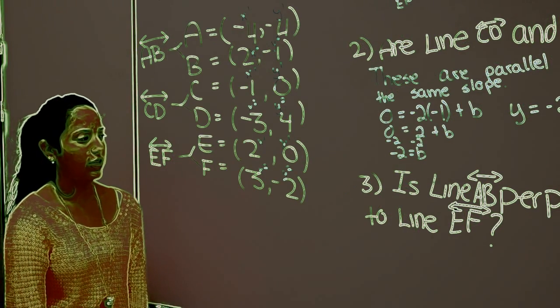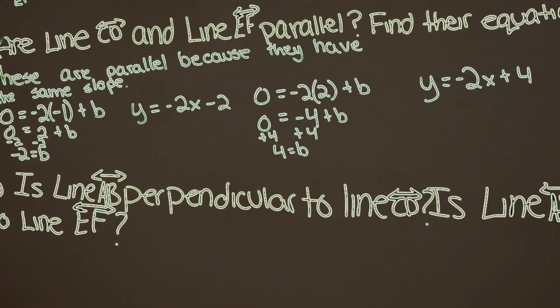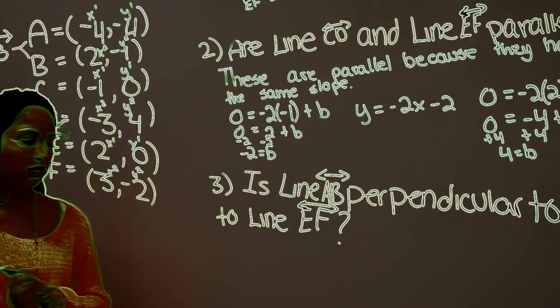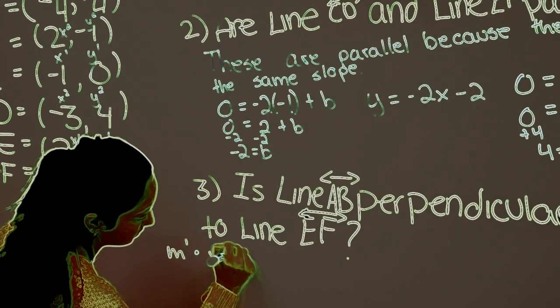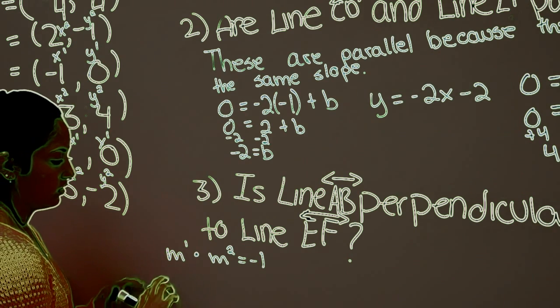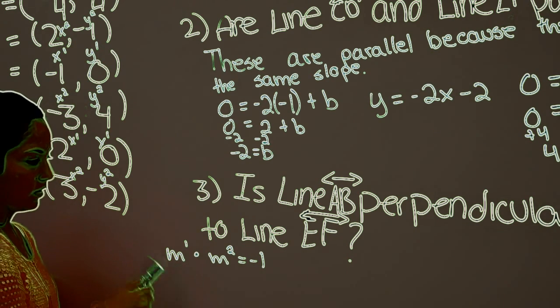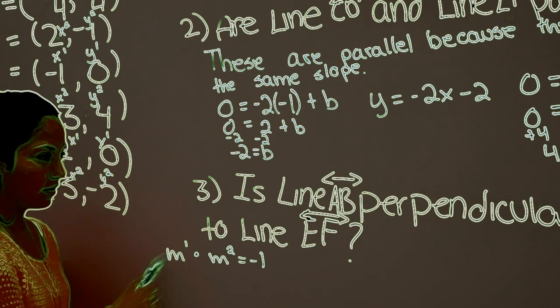Our last question asks, is line AB perpendicular to line CD? And then is line AB perpendicular to line EF? So when we start with, is line AB perpendicular to line CD, we have to know that m1 times m2 has to equal -1. For this to be true, the slope from one line times the slope from the other line has to be -1.